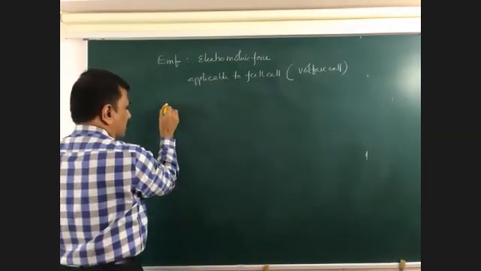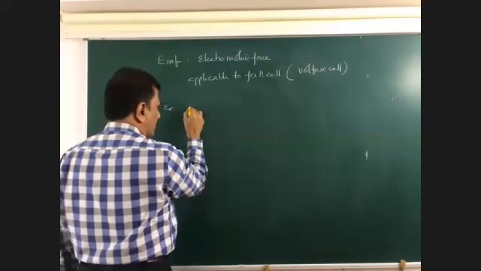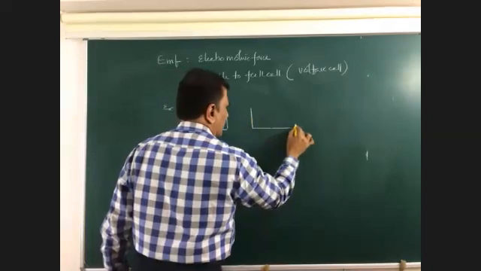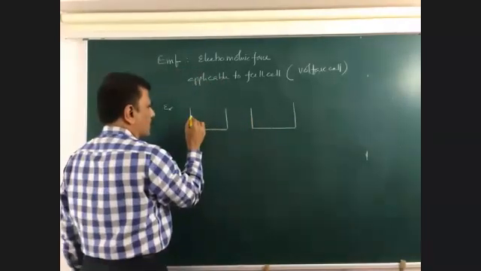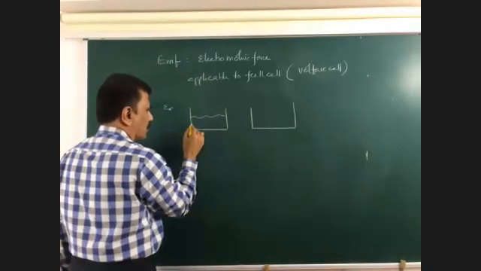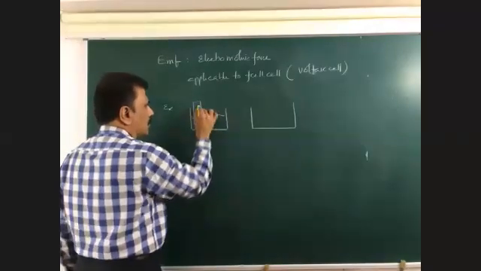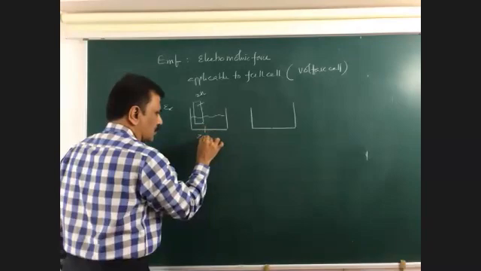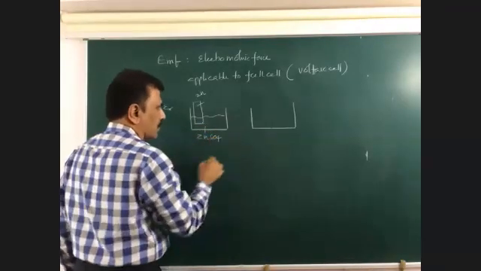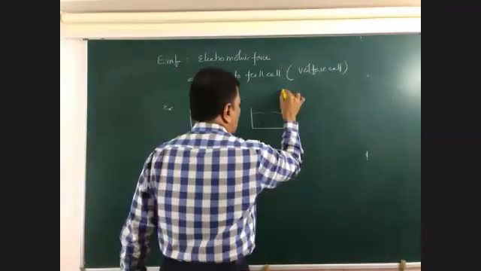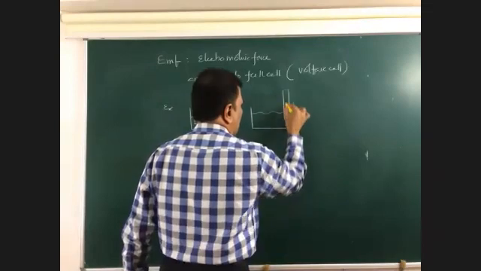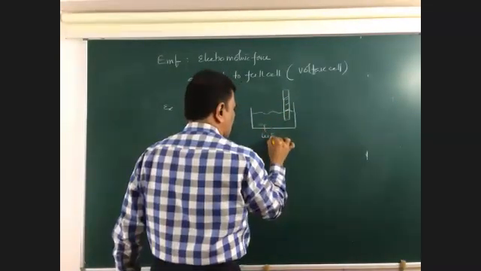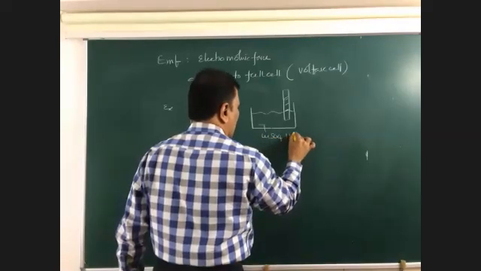Next, for example, look at this. This is a zinc rod. This is zinc sulfate solution. This is a copper rod. This is copper sulfate solution of 1 molar.